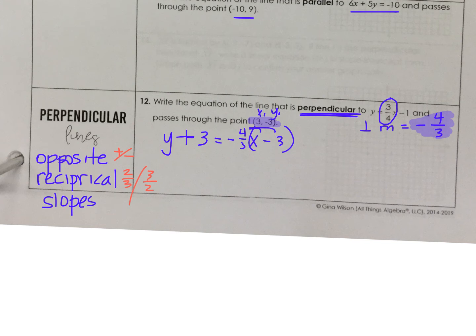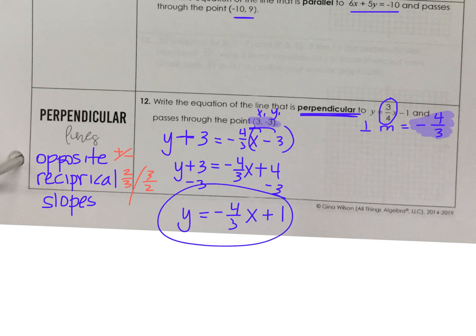Distribute this: y plus 3 equals negative 4 over 3x plus 4. That's what happens when I multiply negative 4 over 3 times negative 3. Then we're going to take away 3 on both sides. Y equals negative 4 over 3x plus 1. All right, turn over to the next page.